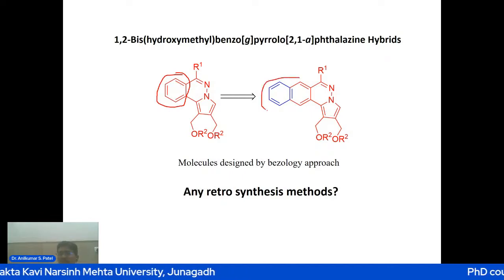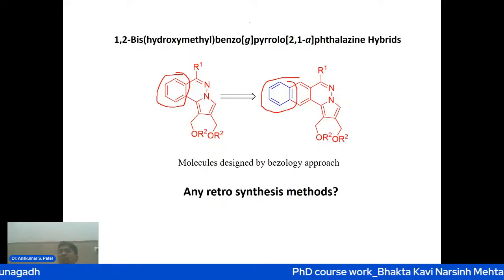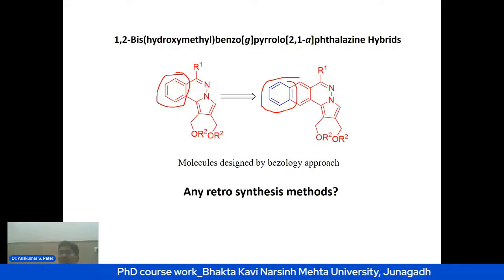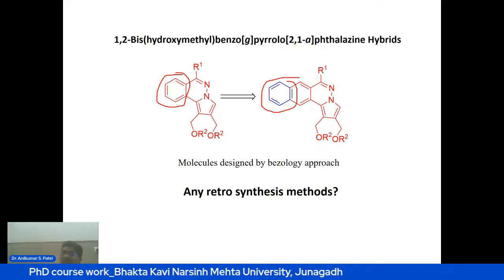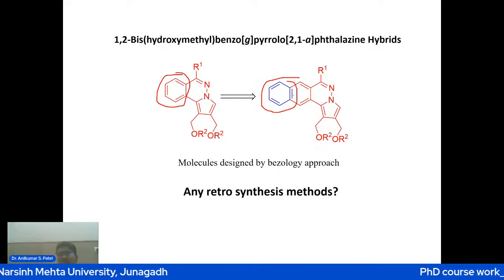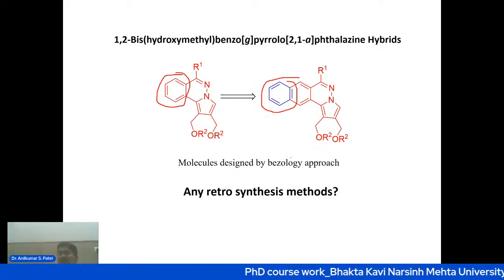We have attached one more benzene and prepared benzopyrrolophthalazine hybrids. We have just replaced these two hydrogens with aromatic ring systems. So the molecule was designed by the benzologue approach.